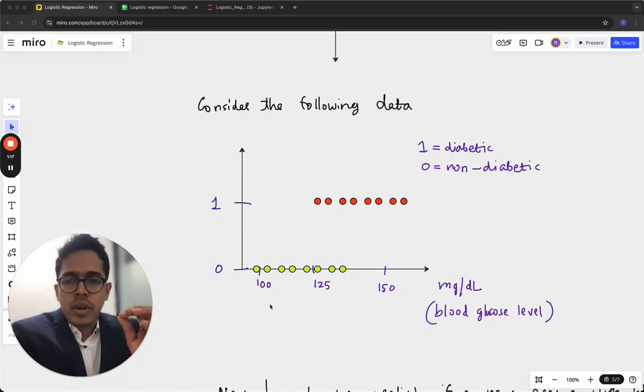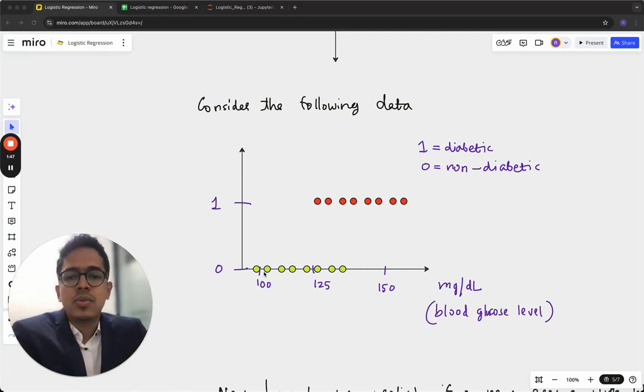Now consider the following situation where a new data point is given. A new data point can be anywhere on this x-axis, right? It can be a person with blood glucose level maybe 200, which is very high. It can be someone with blood glucose level 65 or 70 milligrams per deciliter. So the value assumed by the new person can be any continuous value within a given range of possible blood glucose levels.